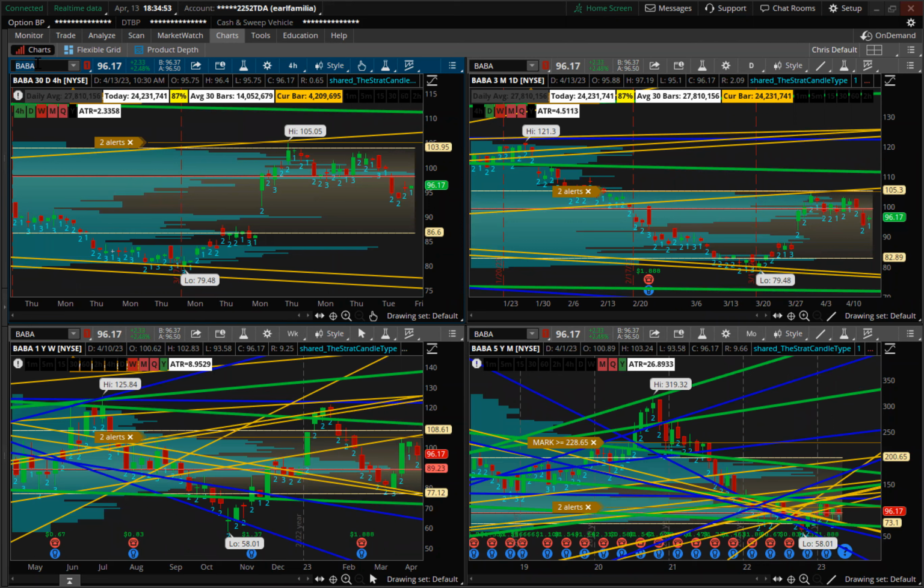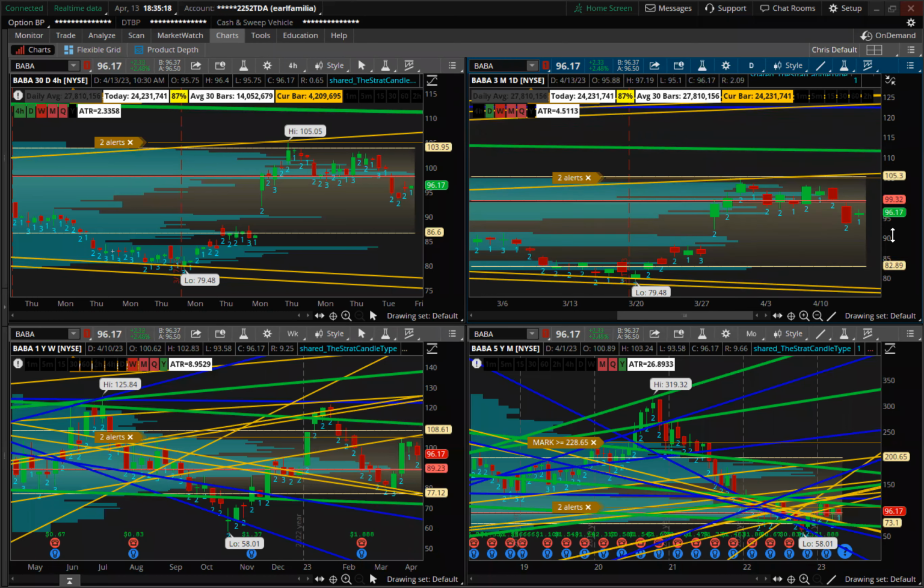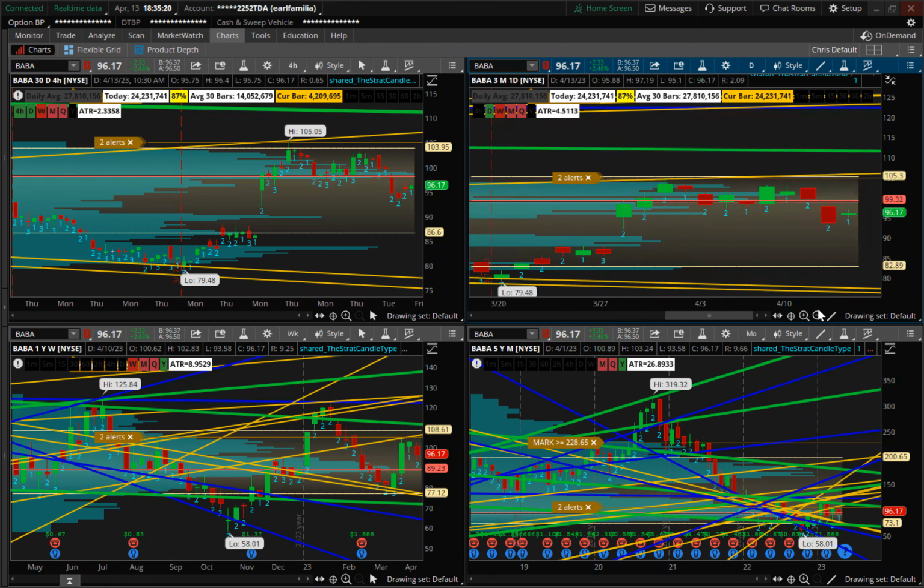We got Alibaba. Alibaba again, similar to SQ. It did not trigger on the week, triggered the other way. So therefore, I'm inclined to stay away from it for tomorrow's 0 day. However, I will mention that Baba has a nice setup coming off of those lows. So it looks like maybe that was the 50% of the day. And maybe if that was the case, that changes my mind. But I don't know until I look.